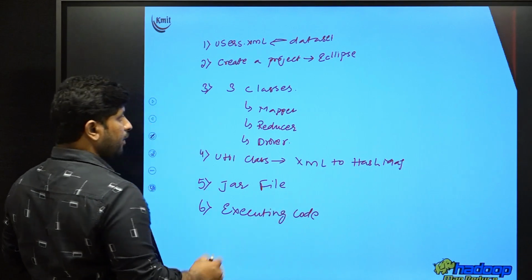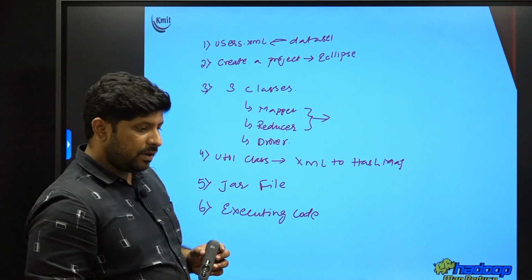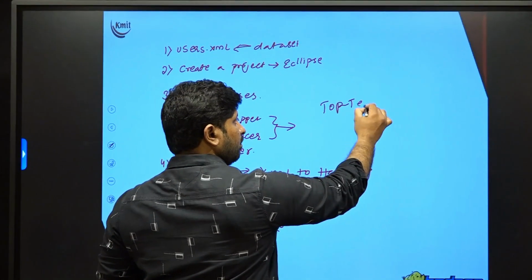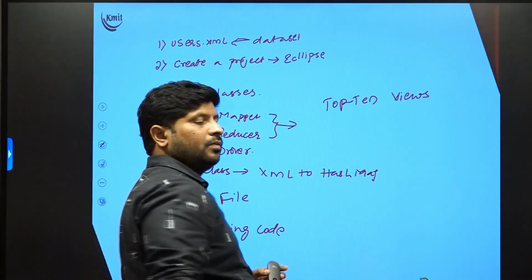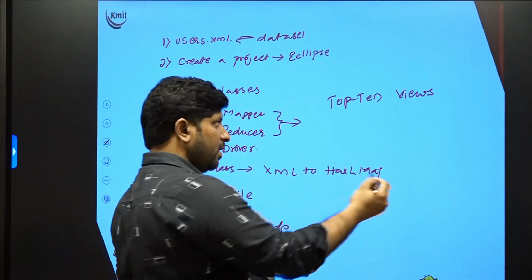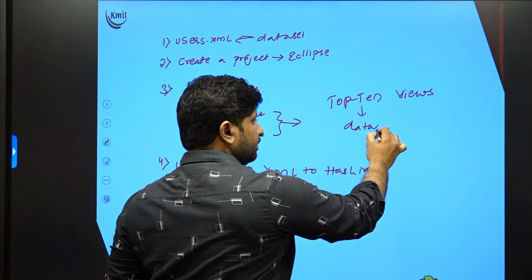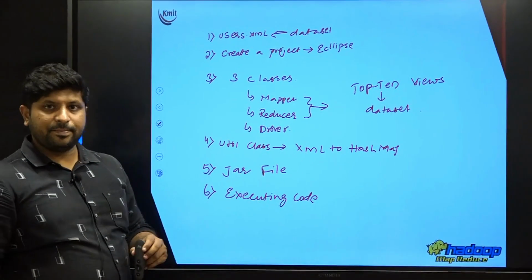And what logic we are going to apply over here is, we will be extracting the top 10 views, or top 10 viewers from the data set. So, let us see the experiment part.